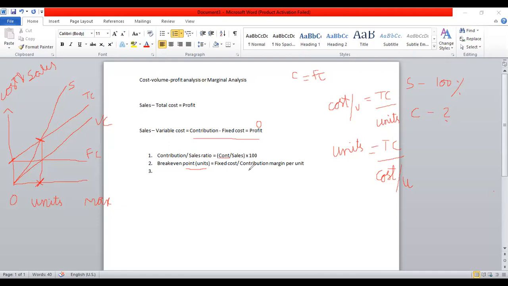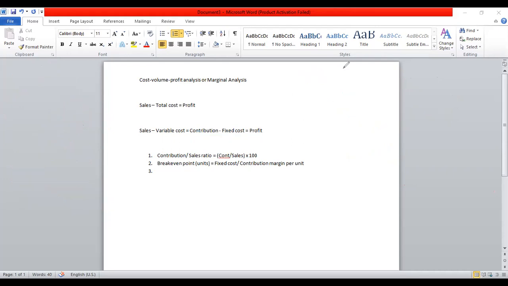Now another equation. Let me erase the scribbling on the screen so that there would be some clarity.